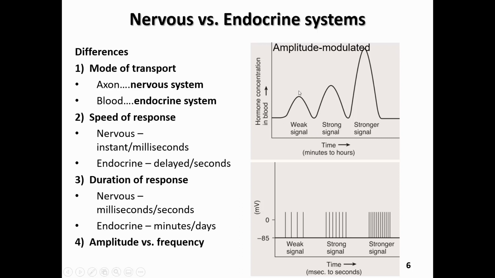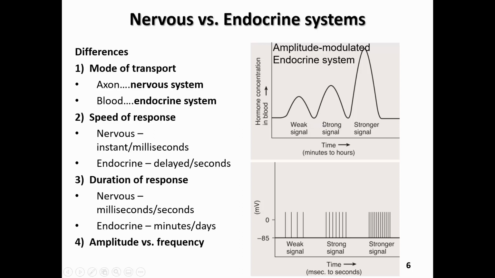The hormone response to a stimulus tends to be amplitude modulated. In other words, the strength of the stimulus or the strength of a signal will result in a greater hormone production and secretion into the cardiovascular system. And this is typical of the endocrine system.